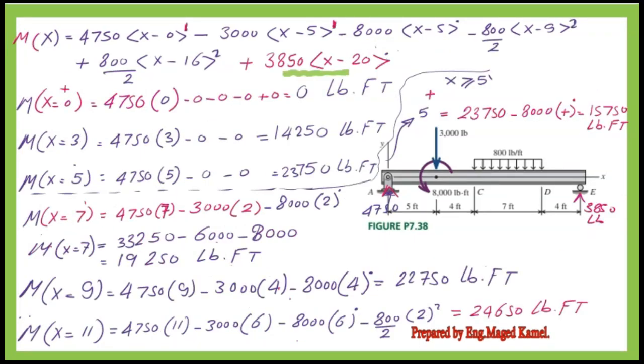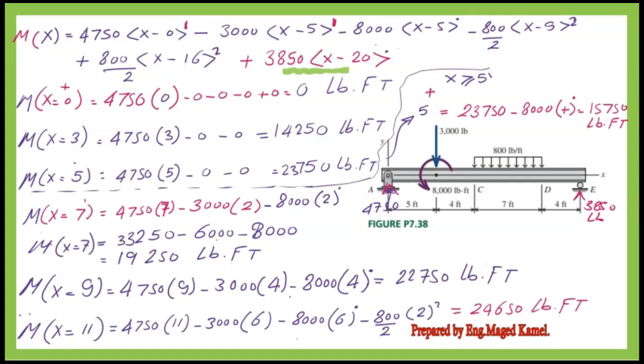In the next slide, we want to get the values for the moment at several points starting from 0 until x equal to 11. And this is the expression for M of x, which we have obtained by integration. We start with x equal to 0.